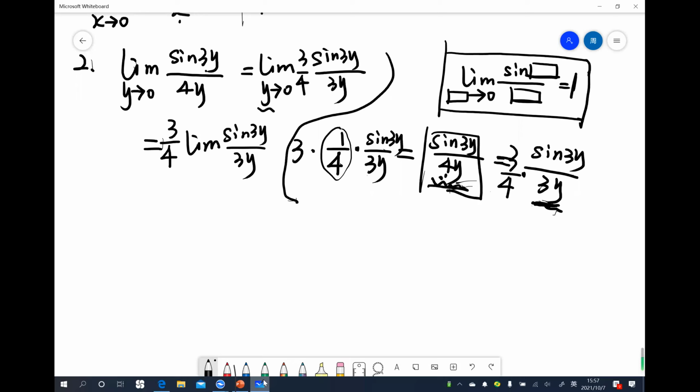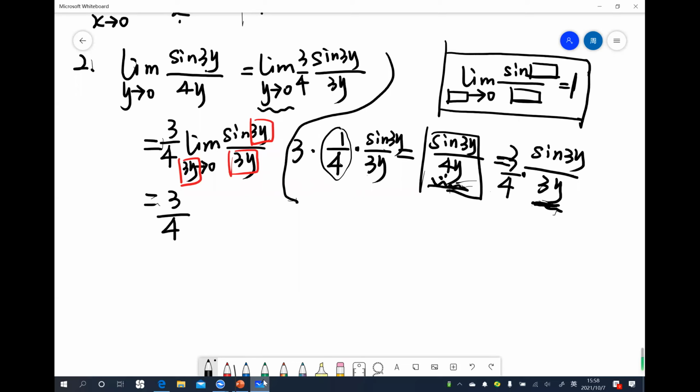And if y approaches 0, then 3y also approaches 0, right? So now these three parts are the same. And we can use the formula that equals 1, right, guys? So here that equals 3 by 4.